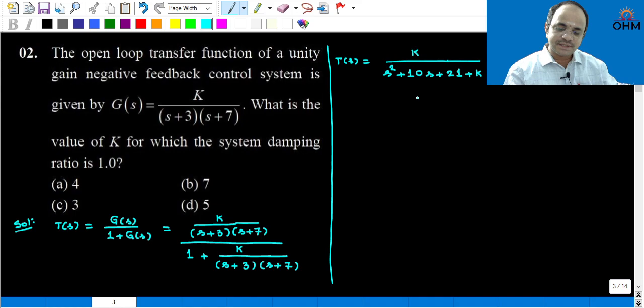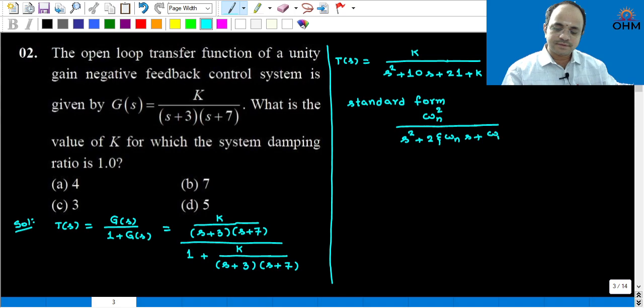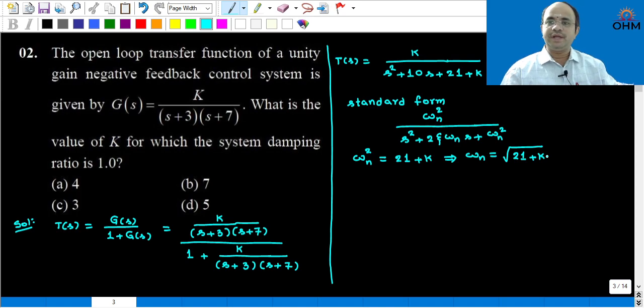Now, by comparing with the standard form of the second order transfer function, ωn² divided by s² plus 2ζωn s plus ωn², you can write ωn² is equal to 21 plus K. From this, ωn is equal to under root 21 plus K. Another comparison, 2ζωn is equal to 10.